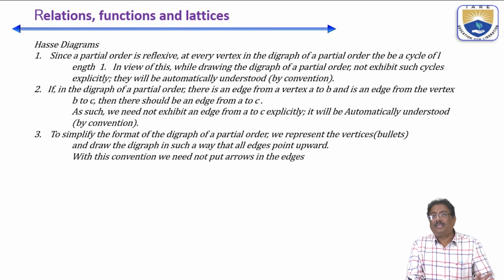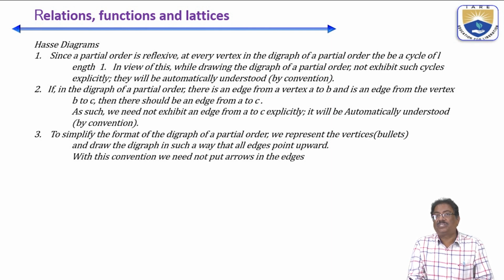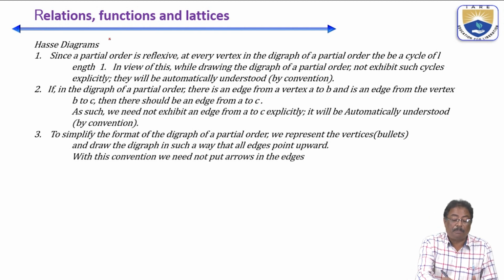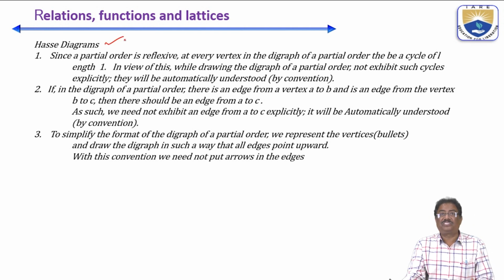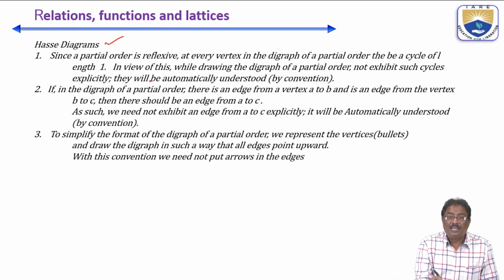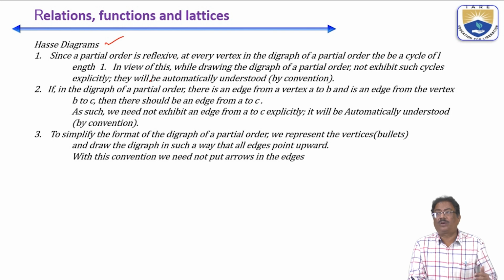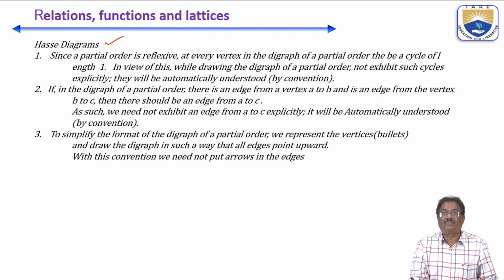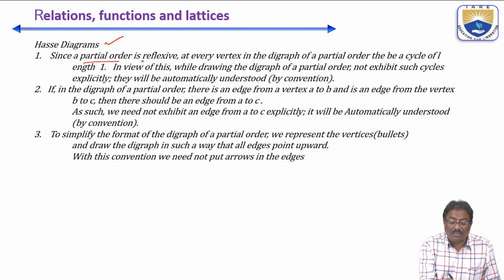Then, to represent a poset diagrammatically, any partially ordered relation we are going to represent in a pictorial manner. That picture is known as a Hasse diagram. In the Hasse diagram, three properties we are going to define in three different ways. One is reflexiveness.